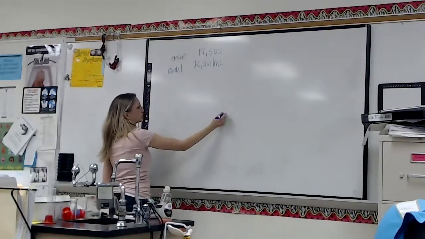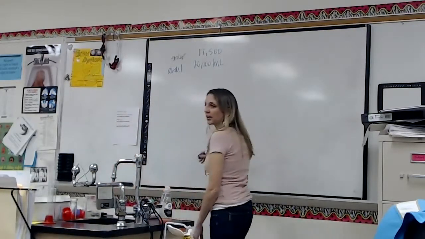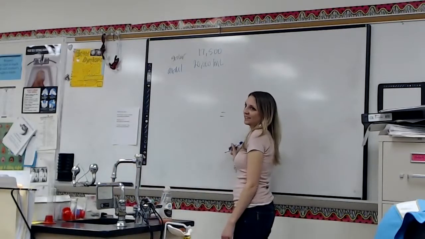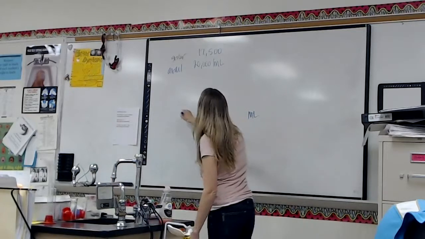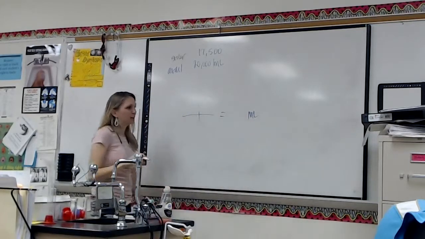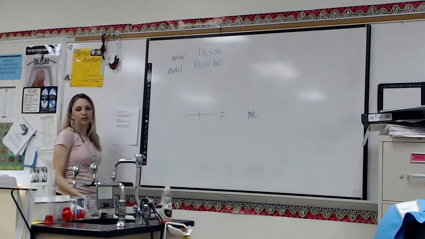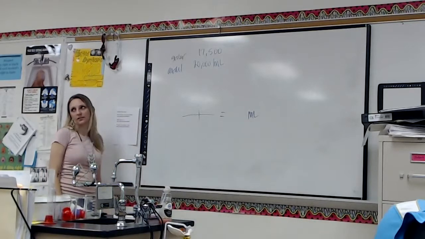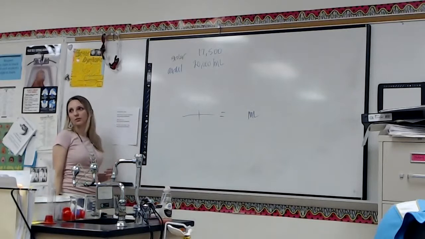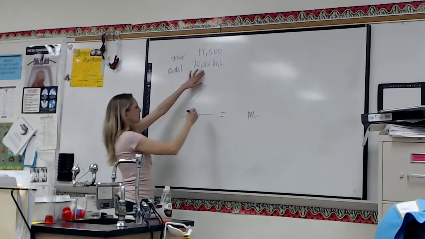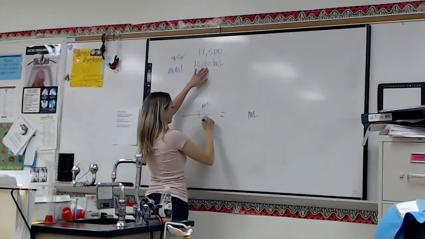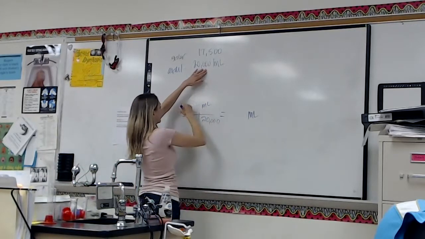But anyway, let's work it out. We don't want to guess. That's why we have the math, okay? Otherwise, you're going to get it wrong. Always check it. It's worth the 20 seconds it takes to do the math and check it, rather than have that person not make it through the day. So you have milliliters over 20,000 and it's 17,500. So.